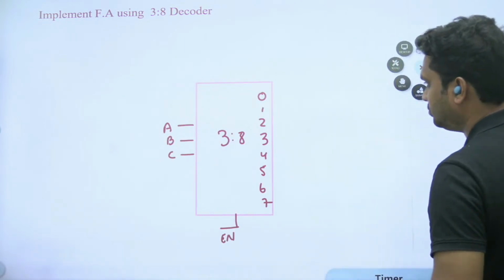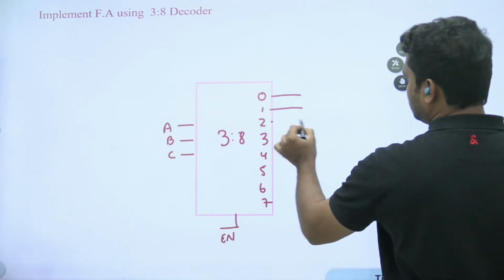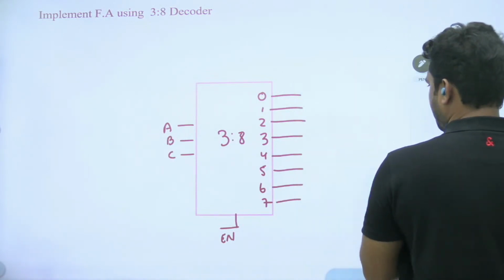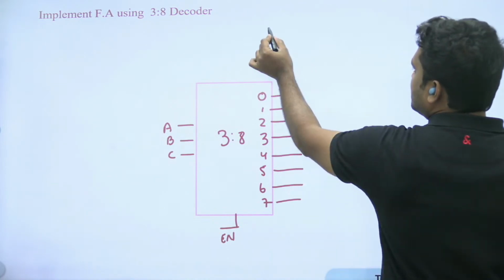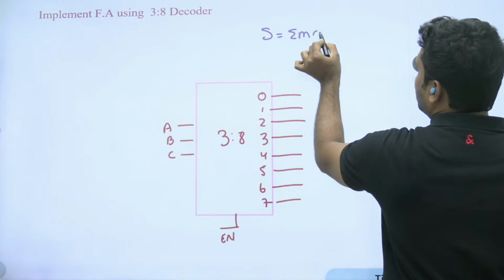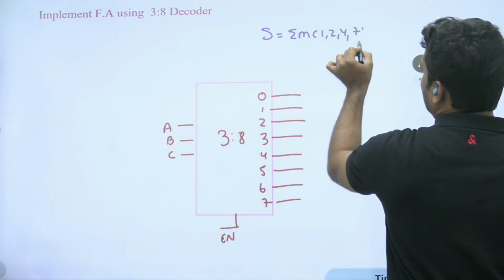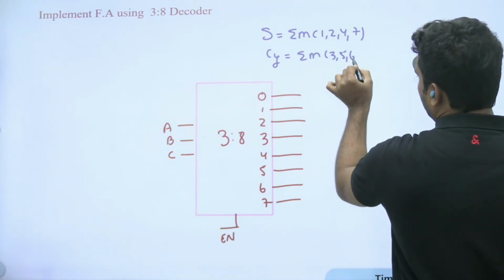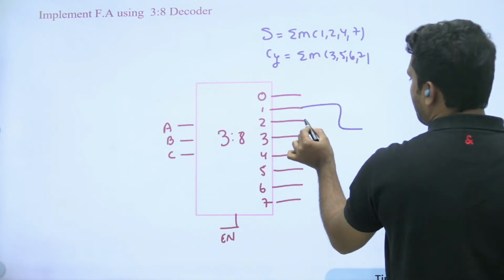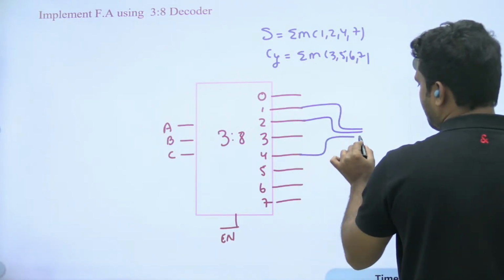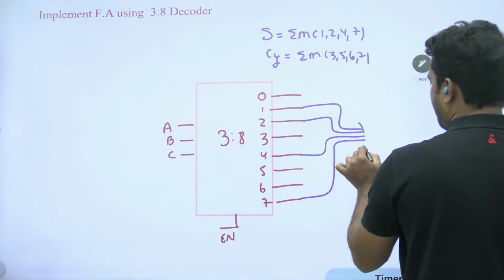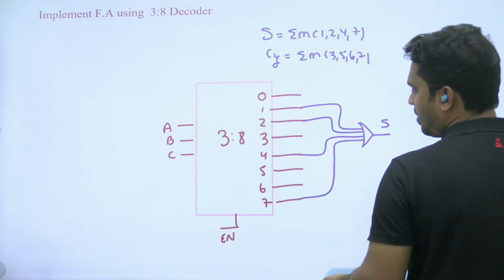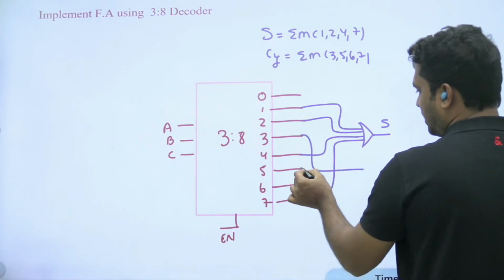Sum of the min terms 1, 2, 4, 7. Carry is sum of the min terms 3, 5, 6, 7. Borrow is sum of the min terms 1, 2, 3, 7. Take an OR gate.